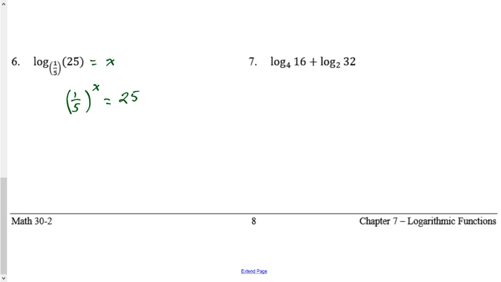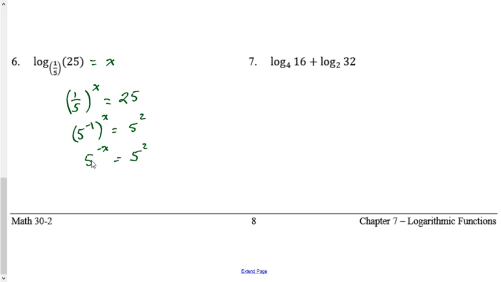As we look at these two sides, we can write both sides as powers with a base of 5. So this 1/5 I can write as 5 to the negative 1, all to that exponent x, and 25 is 5 squared. Here, a power raised to an exponent, I multiply those exponents, so I'll get a negative x in the exponent on the left, 2 in the exponent on the right.